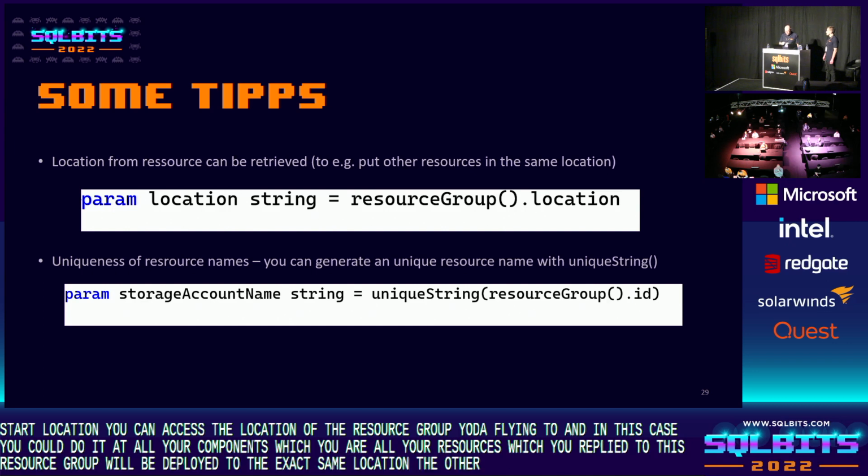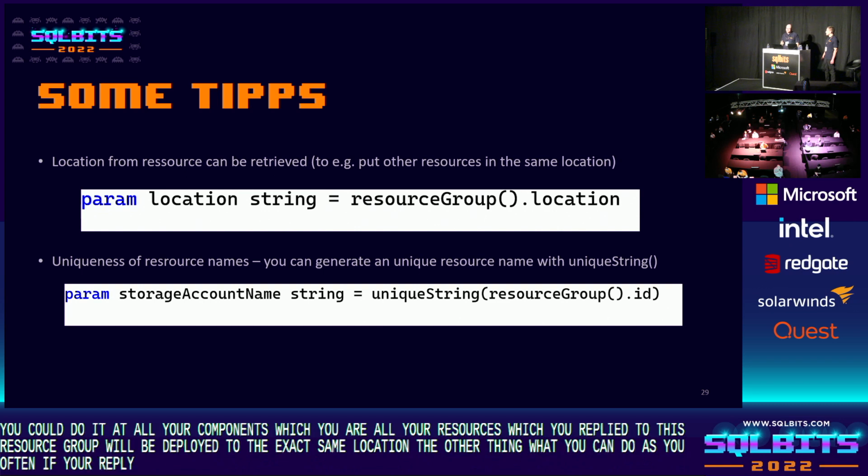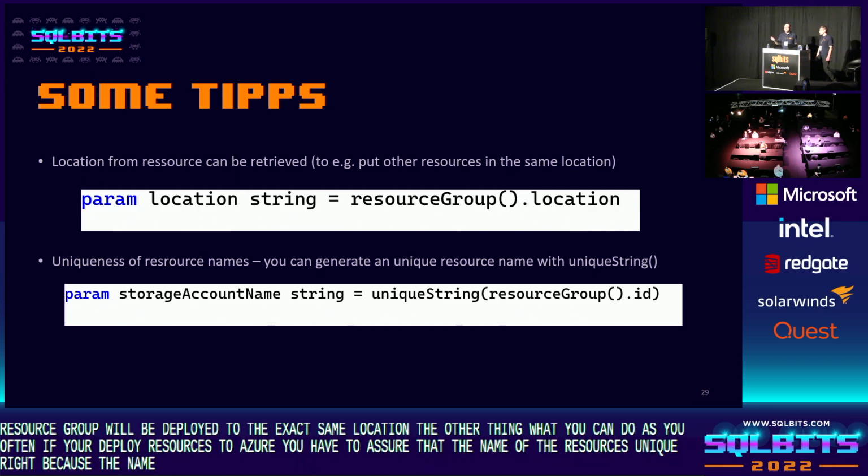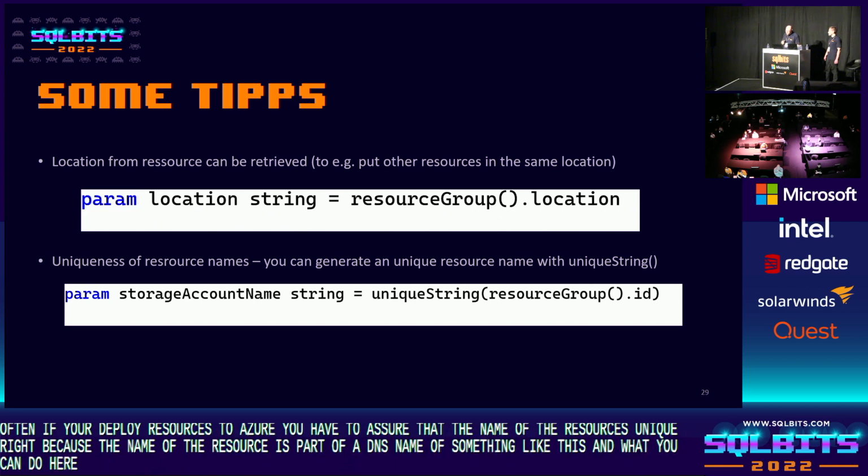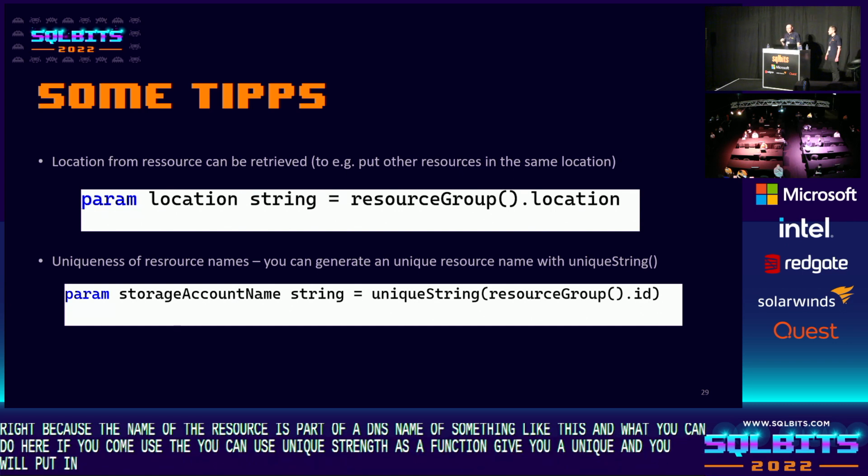The other thing you can do is, often when you're deploying resources to Azure, you have to ensure that the name of the resource is unique, right? Because the name of the resource is part of a DNS name or something like this. And what you can do here is use the uniqueString function, which gives you a unique value, and you put in some seed value.